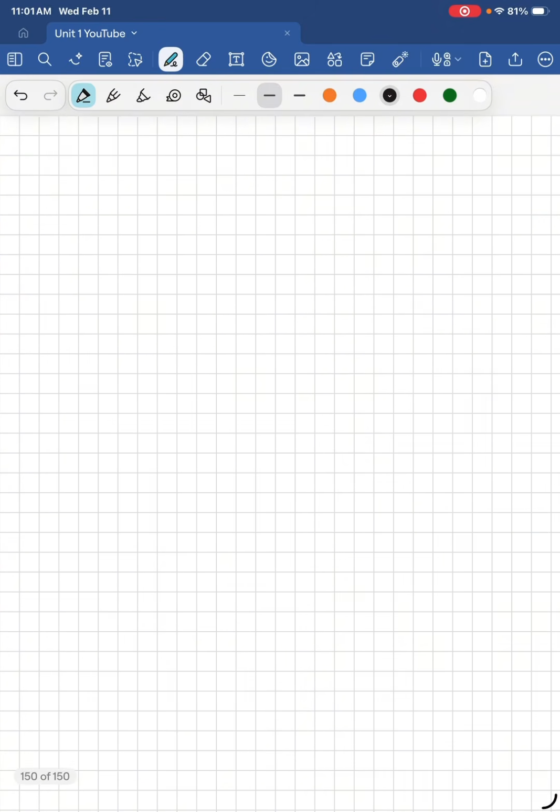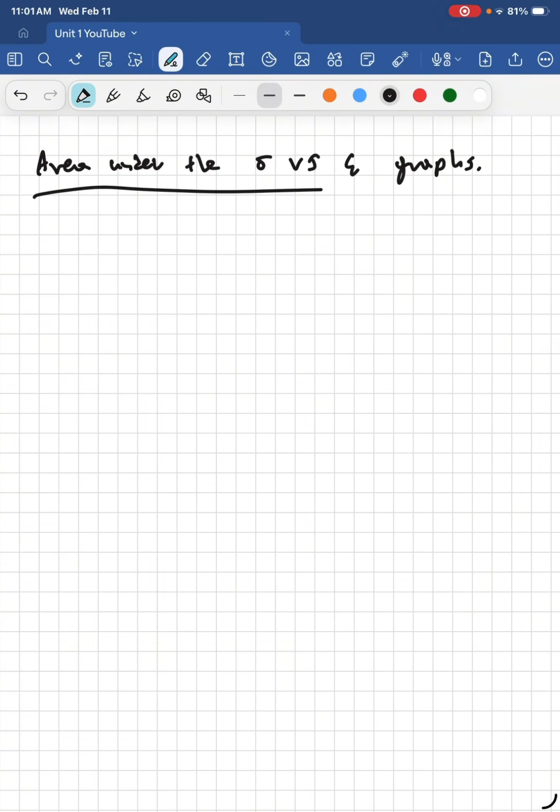And another important concept, I never saw it appear in an exam, but it's good to know. So the area under the curve, area under the stress versus strain graphs. Okay, so what kind of quantity does the area represent?